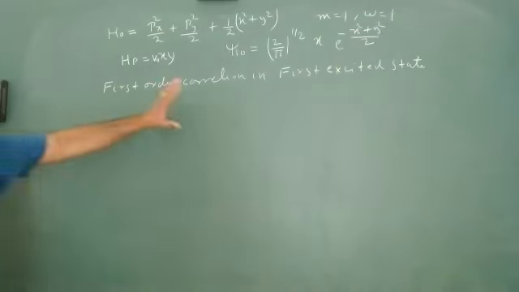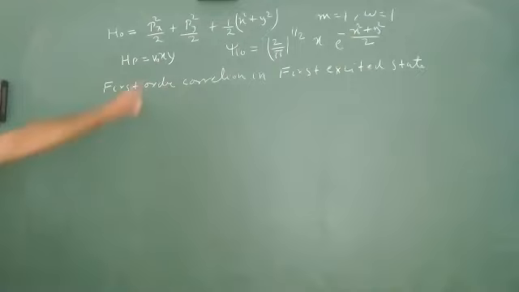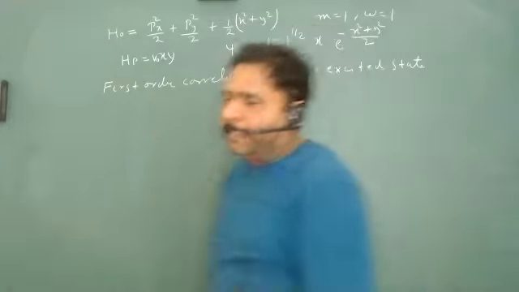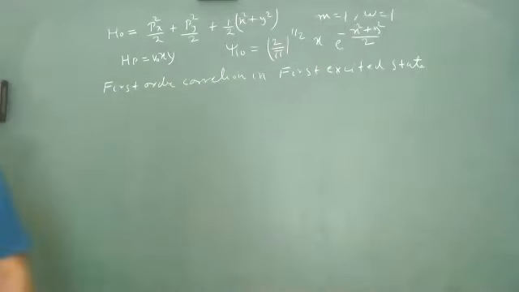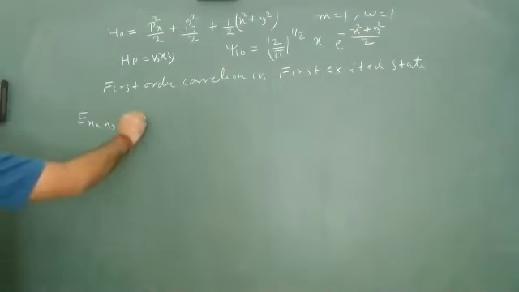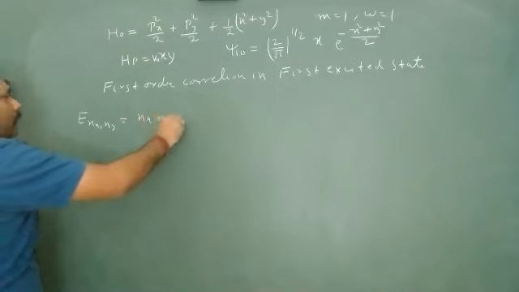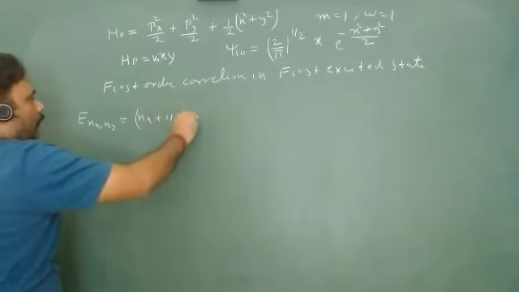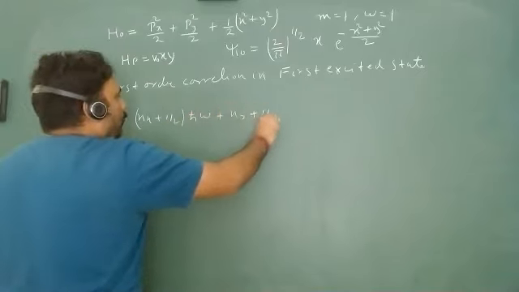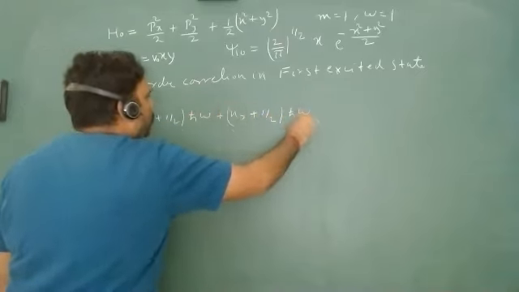So what is your first order energy? Can you please tell me, for the two-dimensional harmonic oscillator, what is the energy? E nx ny is (nx plus half) h cut omega plus (ny plus half) h cut omega.